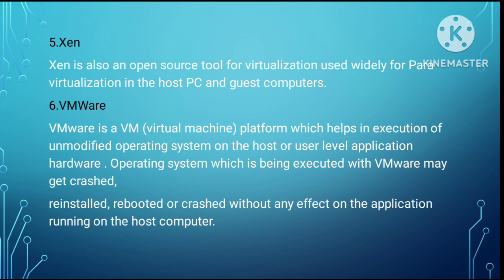Xen. Xen is also an open source tool for virtualization used widely for para virtualization in the host PC and guest computers. VMware. VMware is a virtual machine platform which helps in execution of unmodified operating system on the host or user level application hardware.